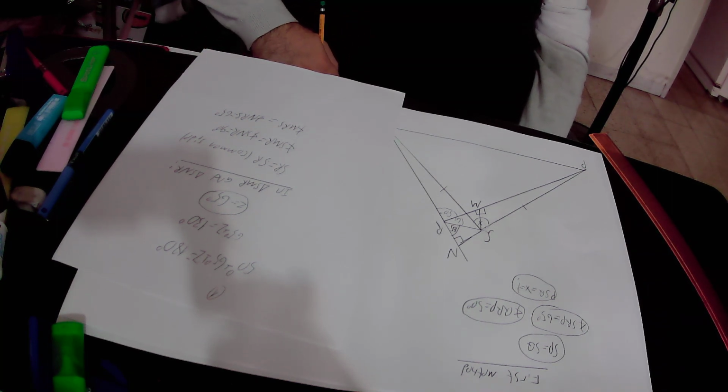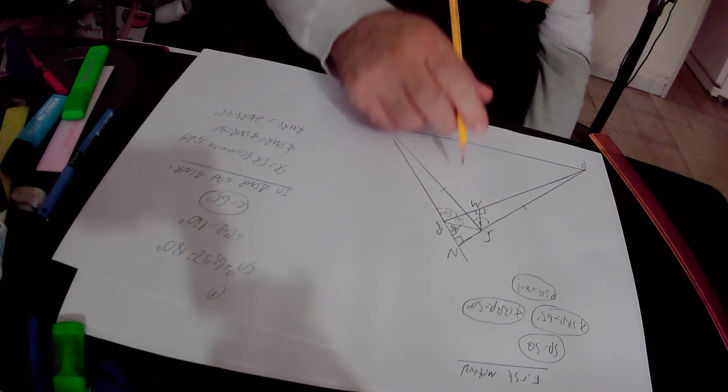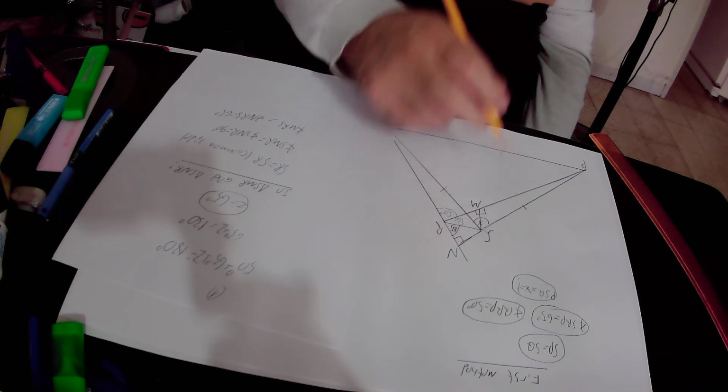And we know that the sum of the angles in any triangle equals 180 degrees. We have two angles that are equal in triangles SMR and SNR.